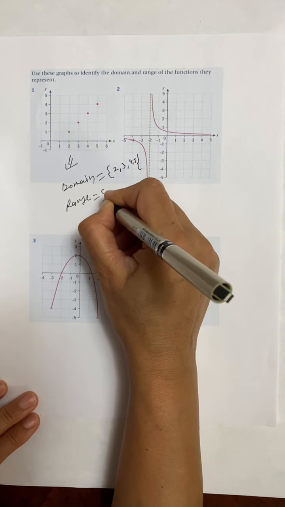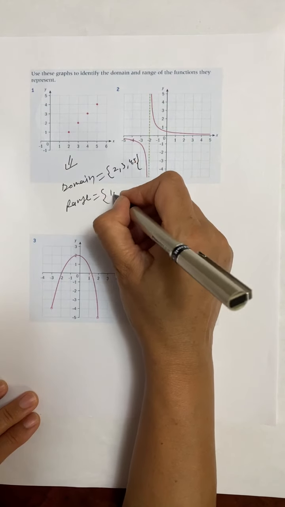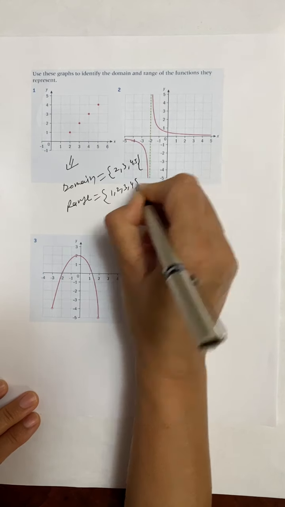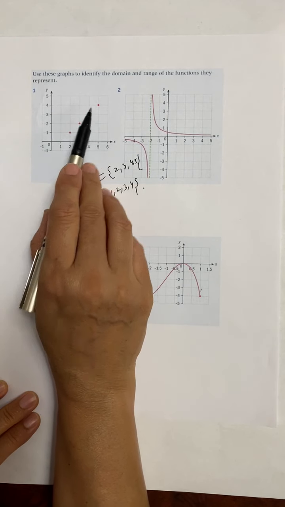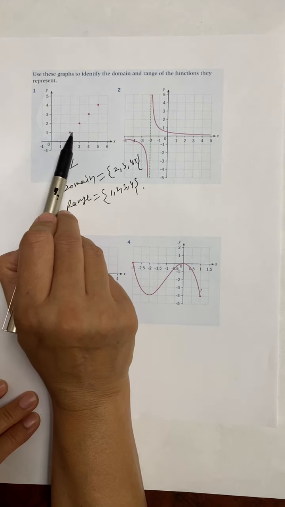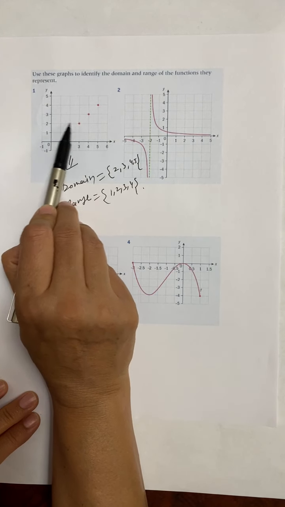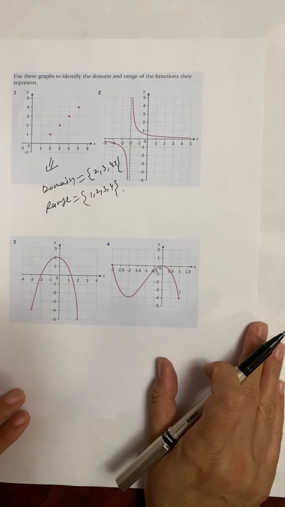The range is 1, 2, 3, and 4. So for domain, you have to see on the x-axis what x values the graph took, and for range, we look at the y-axis. Here the y coordinate is 1, for this one it is 2, here it's 3, and it's 4 here.